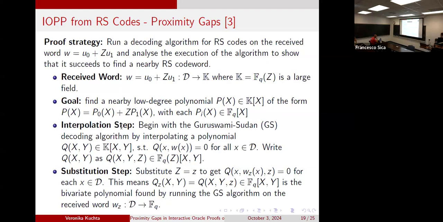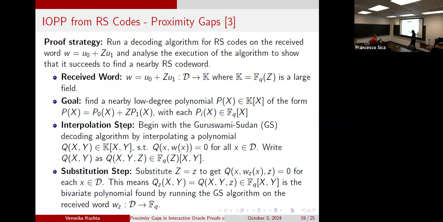The next step: since we are running the decoding algorithm, we need to analyze it. A decoding algorithm usually runs in two steps: the interpolation step and the root finding step.